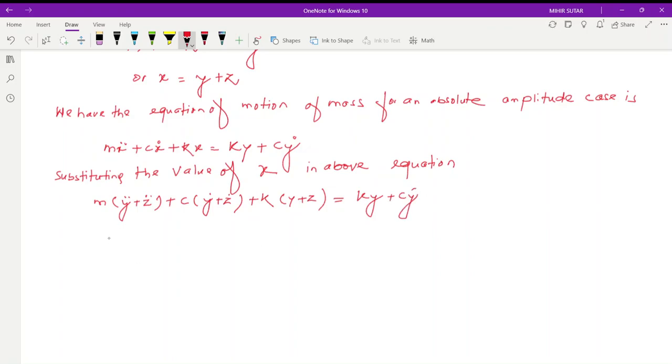Okay. Now we can rewrite this equation as m z double dot plus c z dot plus k z is equal to minus m y double dot. Okay, because this k y term and this c y dot term will cancel when you bring them to the right hand side. Okay, let's say this is equation 9.